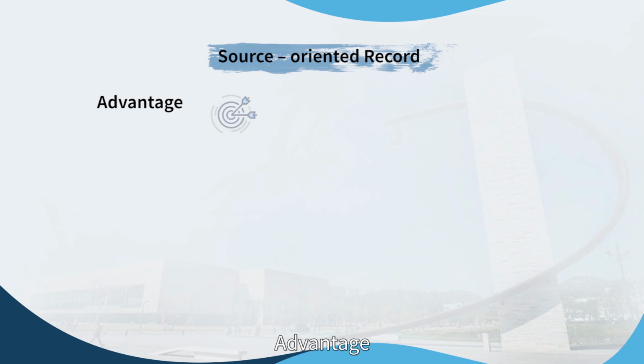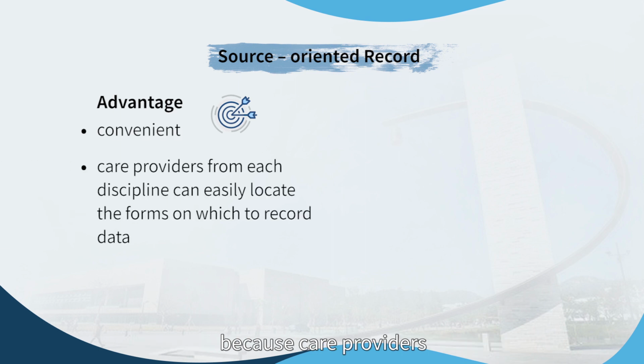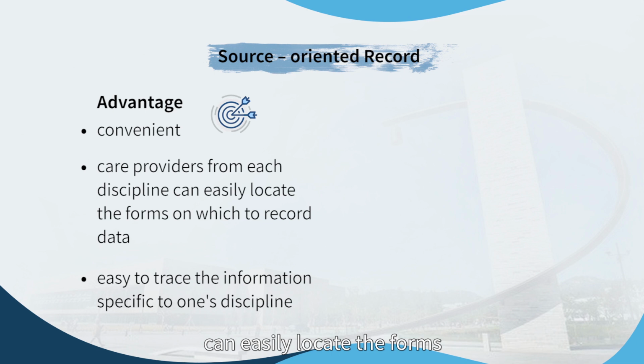The advantages of the source-oriented record are: it is convenient because care providers from each discipline can easily locate the forms on which to record data, and it is easy to trace the information specific to one's discipline.